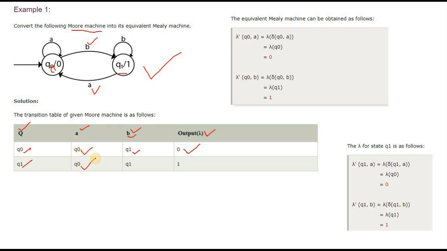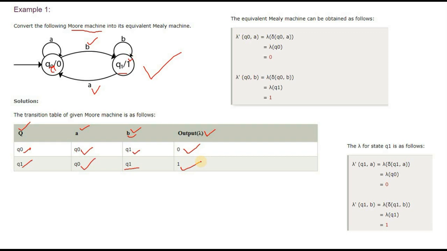And one more thing: with input B, Q1 goes to Q1, so I have mentioned Q1 here. What is the output? The output is 1, so I have written 1 here. This is the state table equivalent to the state diagram.